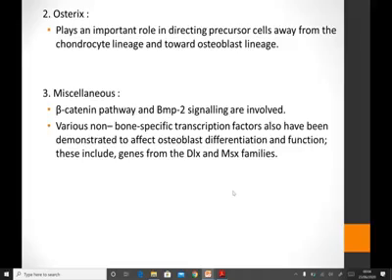And the runt related transcription factor 1, for example, directs the formation of other types of cells from the precursors, like the chondrocytes or the myogenic cells or the adipocytes. Whereas another transcription factor by the name of osterix has a very important role in directing the precursor cell away from the chondrocytic lineage toward the osteoblastic lineage.